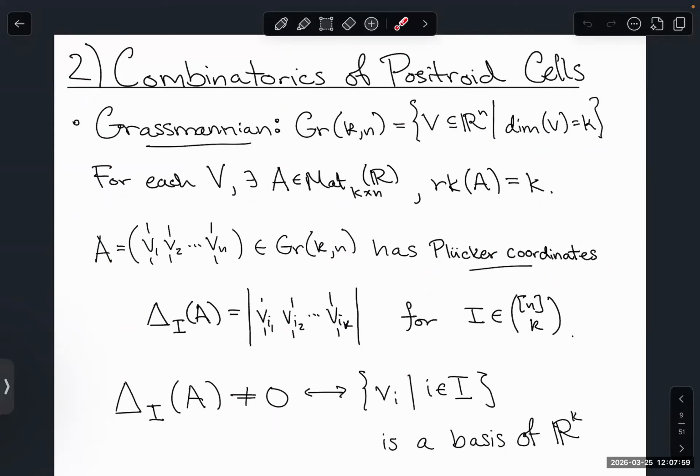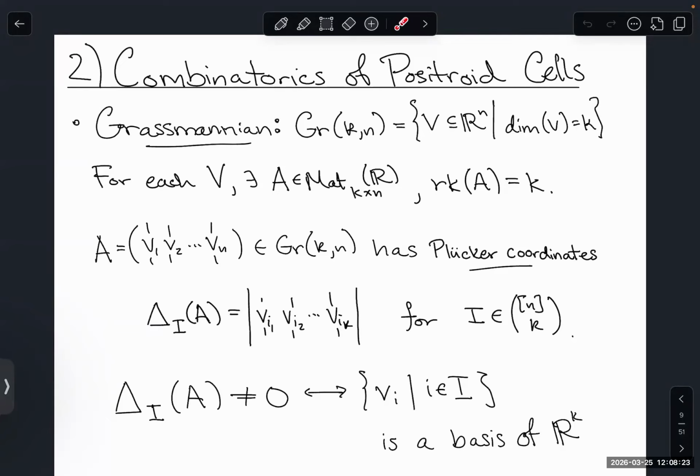So we have our Grassmannian, which is our space of k-dimensional subspaces of Rn. For each subspace, there's a k by n rank k matrix defined by our subspace is the row span of this matrix.